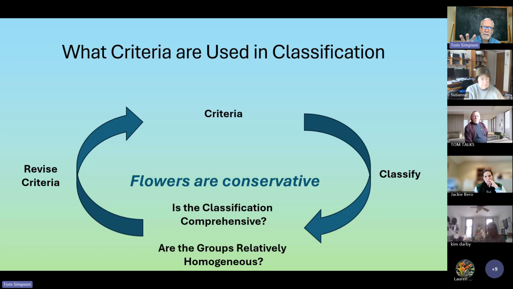So the leaf variation is much more plastic and can change much more rapidly than the flowers. And so the flowers give us a much more conservative view of what's happening in plant evolution. They change more slowly and they change in concert with many other plants that are changing.